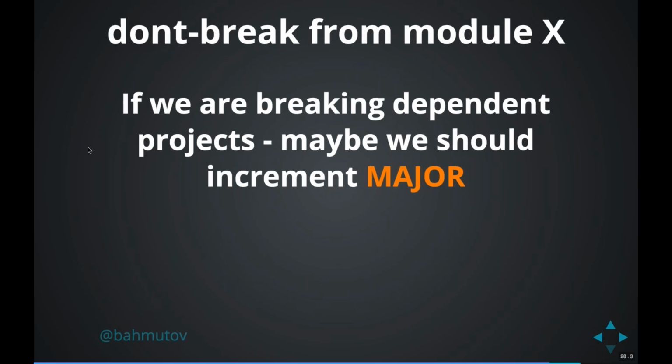But if for some reason you're breaking the unit tests in dependent projects, then you cannot release it as minor or patch. Maybe you have to release it as a major version upgrade. So for Lodash, if we find that a new patch actually breaks the dependent modules that used to work for version 4, maybe we have to release this as Lodash version 5, for example.